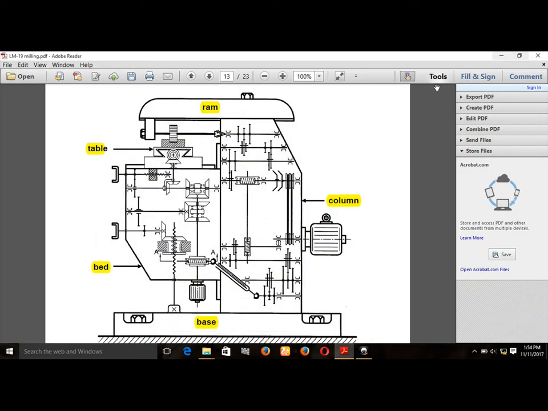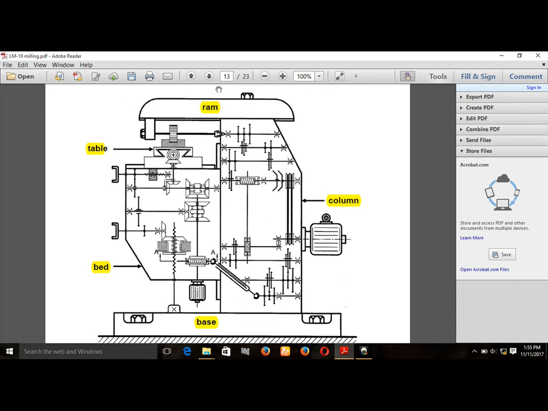So we can see this picture, and this picture is of a kind of machine tool. As a mechanical engineer, we have to understand what kind of machine tool this picture shows.